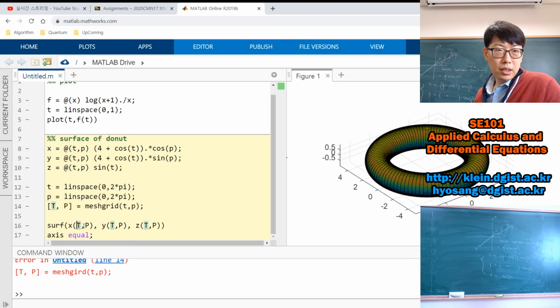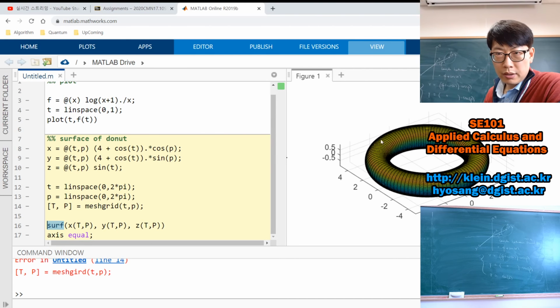Then by plugging the two-dimensional arrays t and p into the functions x, y, and z, you get an array of x coordinates, an array of y coordinates, and an array of z coordinates, and the surf command somehow meshes the points together so that it looks like a smooth surface.